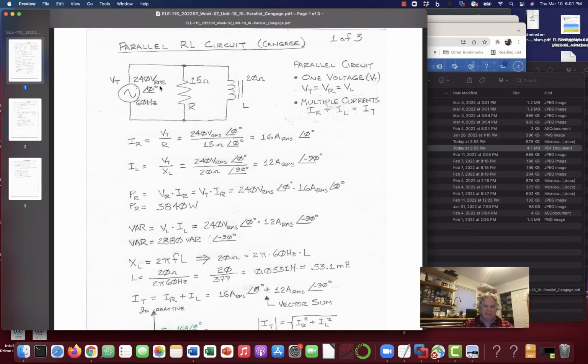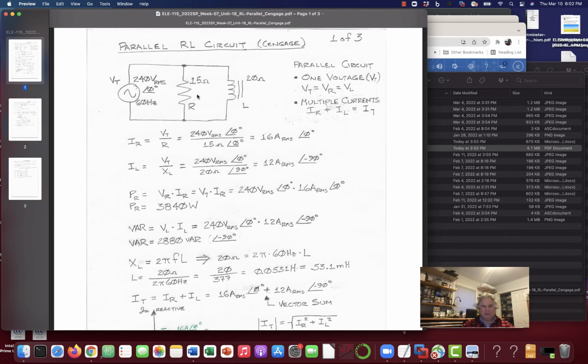And remember RMS, we have all these terms. RMS is the heat producing equivalent. In other words, as far as dissipating power, if we could put 20 12-volt batteries in series here, we'd have 240 volts DC.